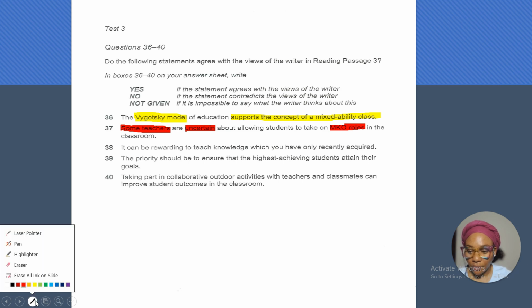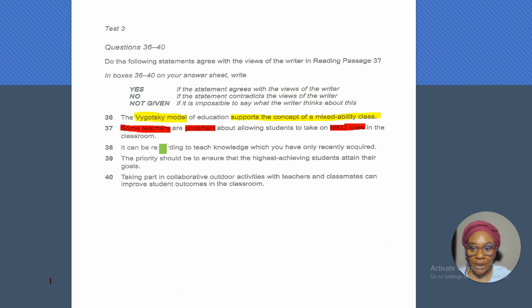Okay? Let's take note of keywords. So it can be rewarding to teach knowledge which you have only recently acquired. So just keep that in mind. 38 is talking about teaching knowledge that you recently acquired.